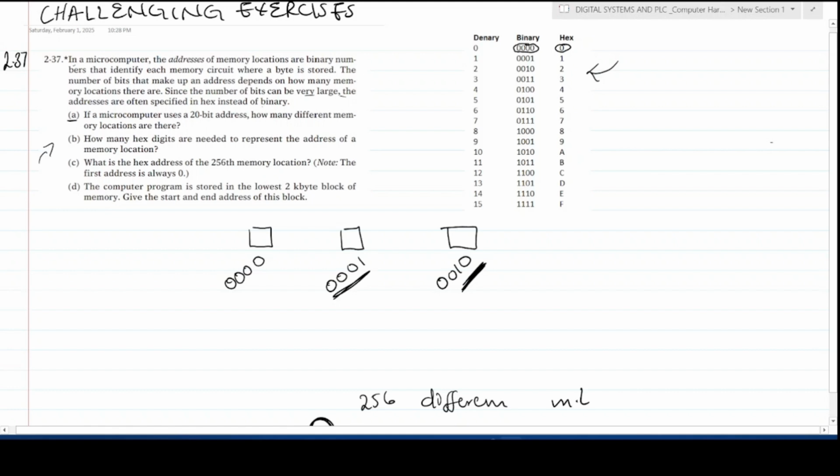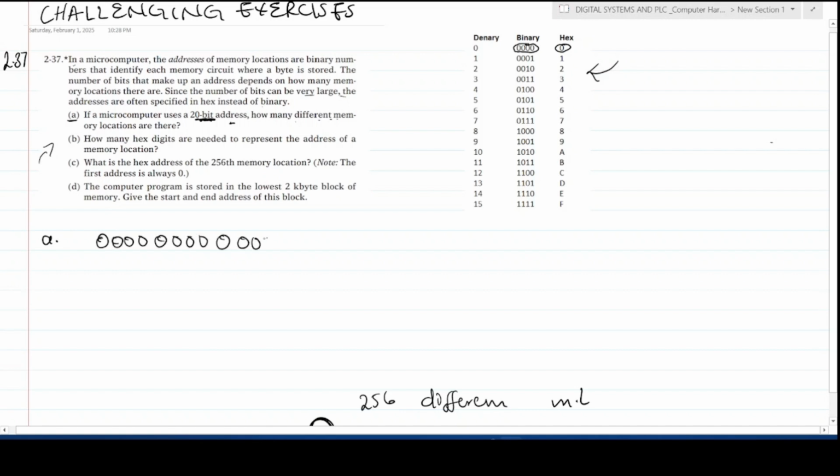So now the first question: if a microcomputer uses a 20-bit address, how many different memory locations are there? Okay, let's look at this question, part A. A 20-bit address means 20 digits in one binary value. So 1 2 3 4, 1 2 3 4, 1 2 3 4, 1 2 3 4. This is just one 20-bit address.